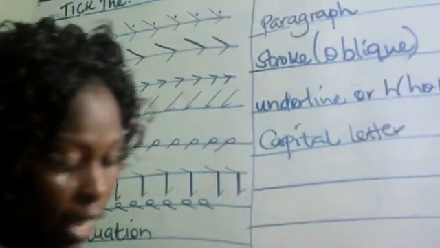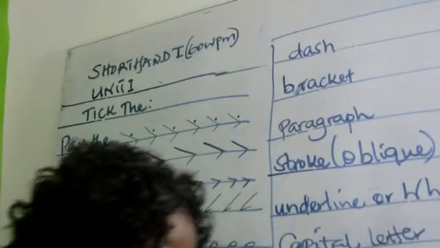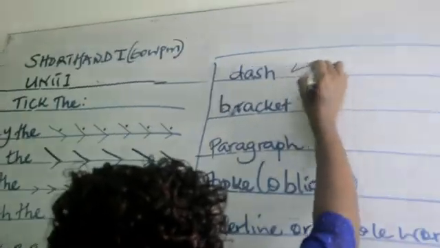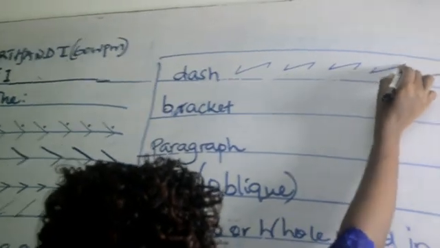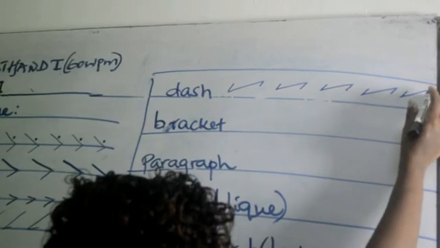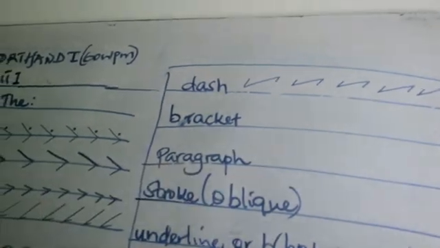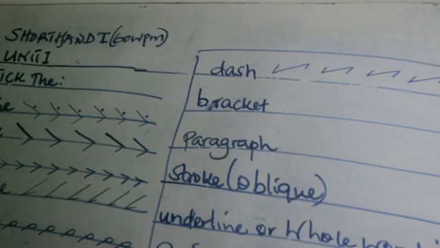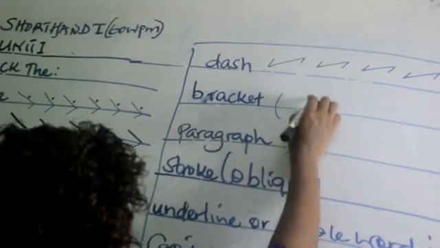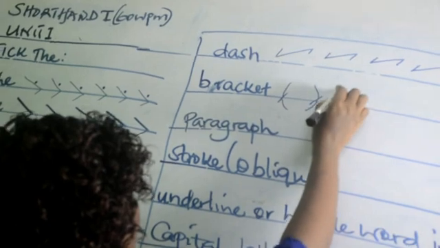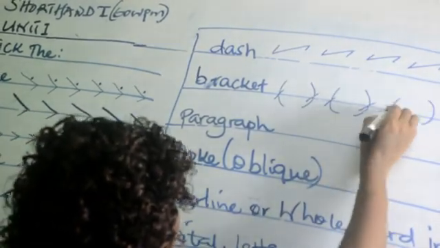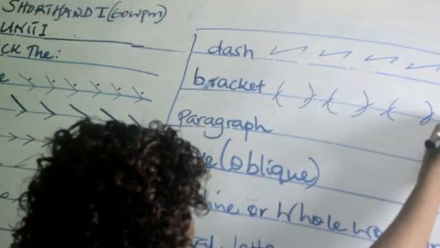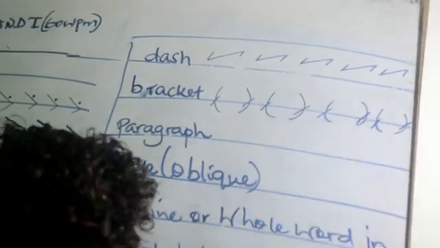Then to indicate that there is a dash, you indicate this sign above the line. It represents a dash in between a word. And then to show that there are brackets, you indicate these signs like this. If a word is in brackets, this is how you indicate them, like that.